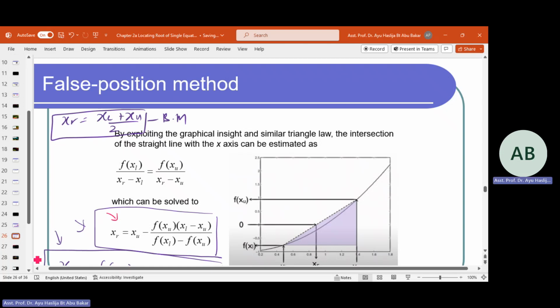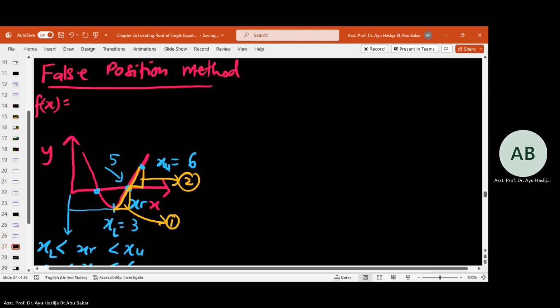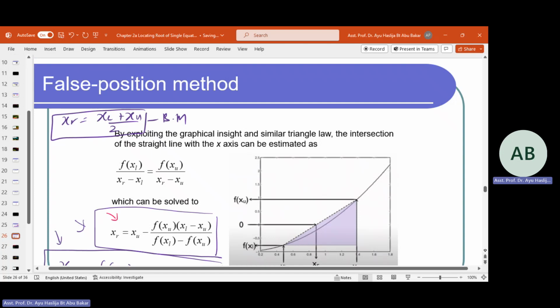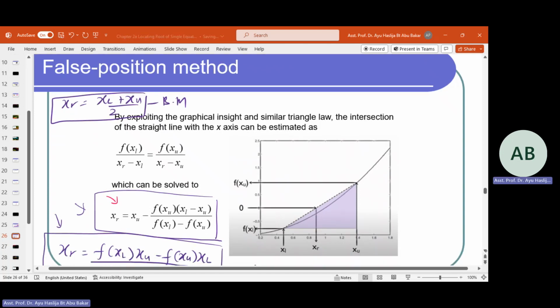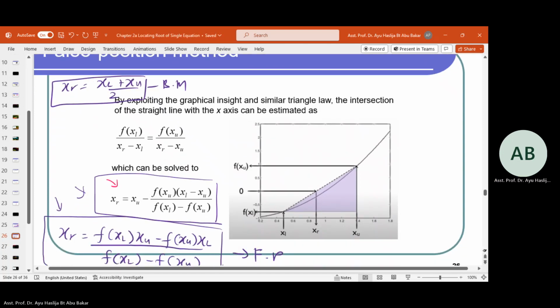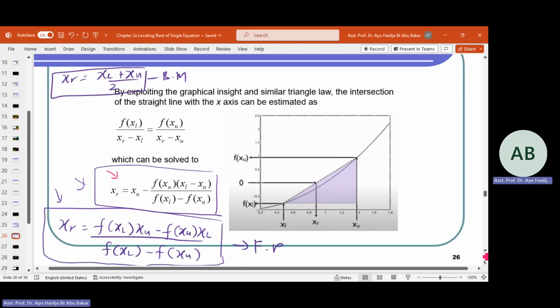Just any XR value, to confirm this is the same value if you use the derived equation just now. Same, right? Okay, so same. Either equation is correct.